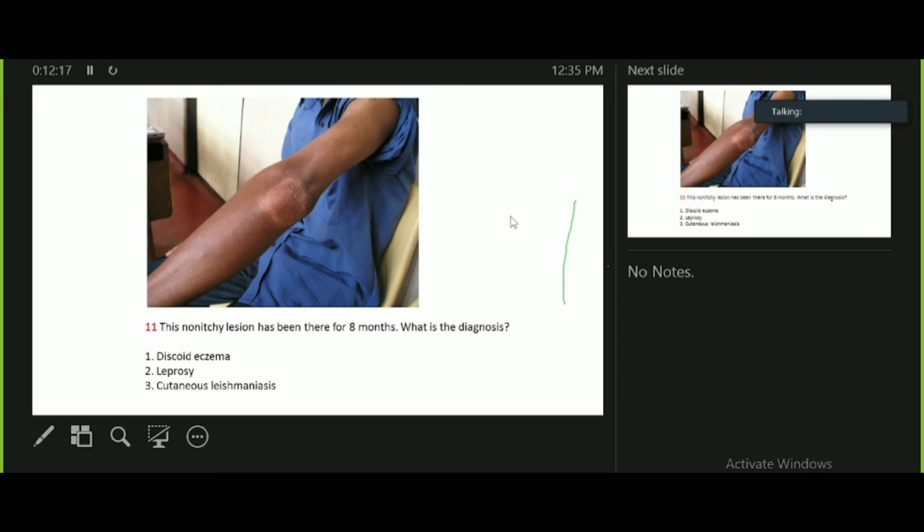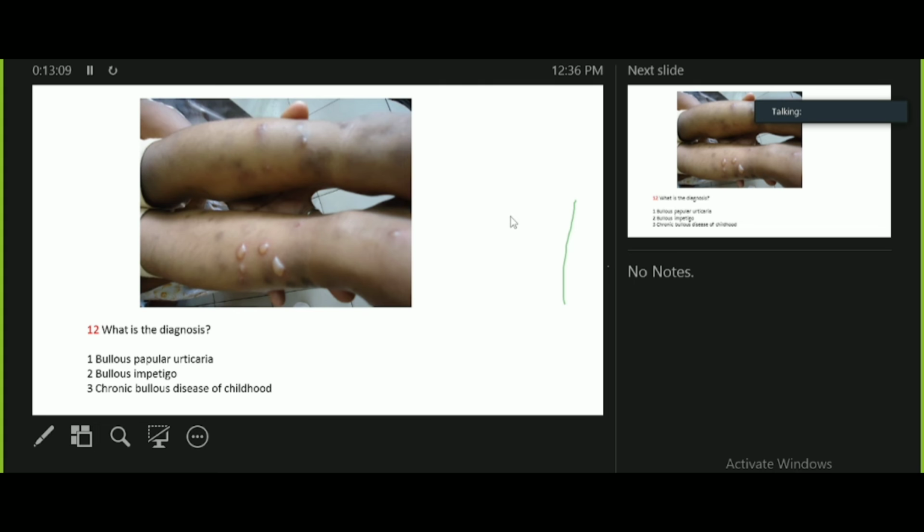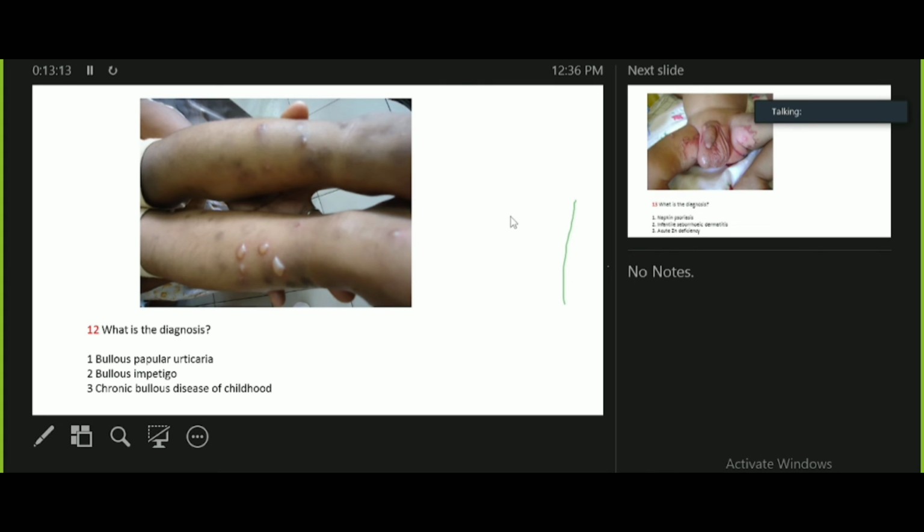What is the diagnosis? Number 12. What is the diagnosis?